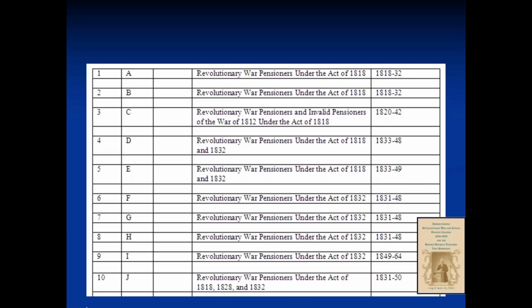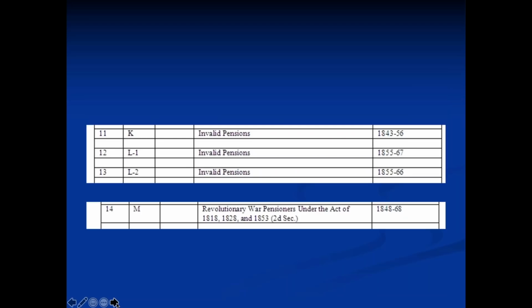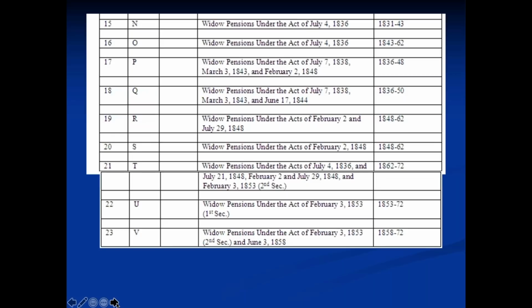The Act of 1832 for the militiamen doesn't occur until 1833, and they're paid retroactively back to 1832. So that's why it says 33. Invalid pensions, and then various other acts. Basically, these are all rolls of microfilm that translate into places in Ancestry where these things can be found. Having this roadmap will help you in Ancestry, knowing that you're in the right place.